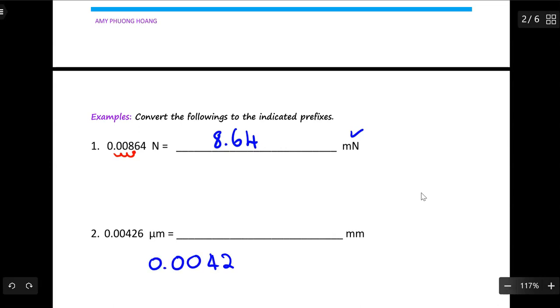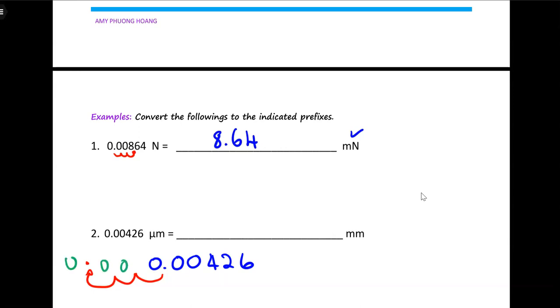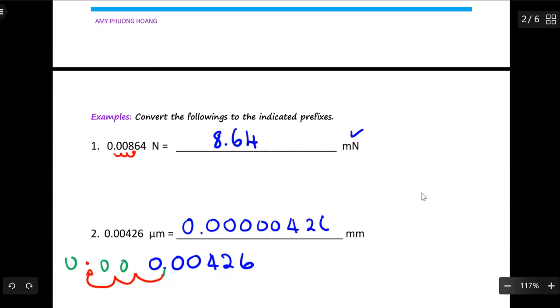So I rewrite this number for you so that you can see that I'm moving the decimal point. I move 1, 2, 3. So the decimal point will be right there. But then I need to insert the zeros. So now my number will be 0.000000426.